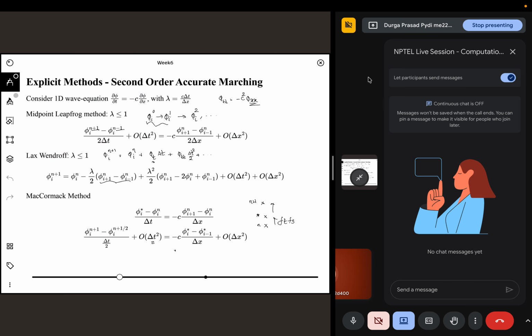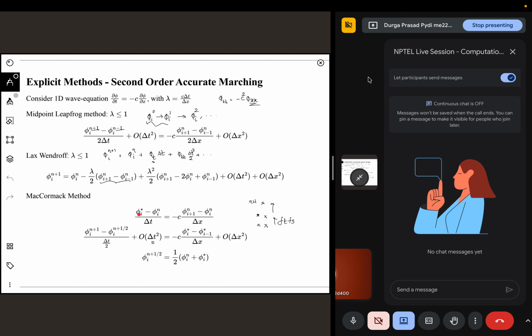So this is the MacCormack technique where phi star is the intermediate value calculated at the next time step. So you start from n, you go to an intermediate time step using forward time forward space, and then you do another step again using forward time forward space, like delta t by 2, delta t by 2, and eventually end up at n plus 1. So the intermediate step is basically calculated at the next time step.